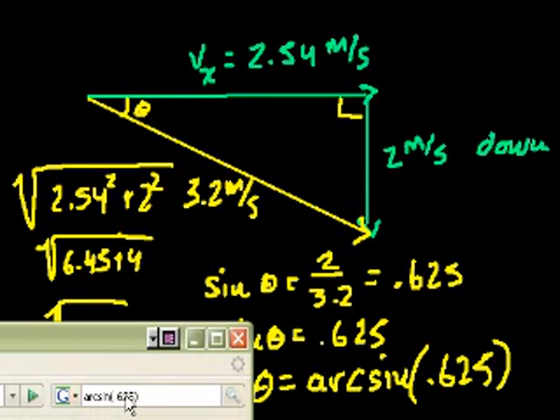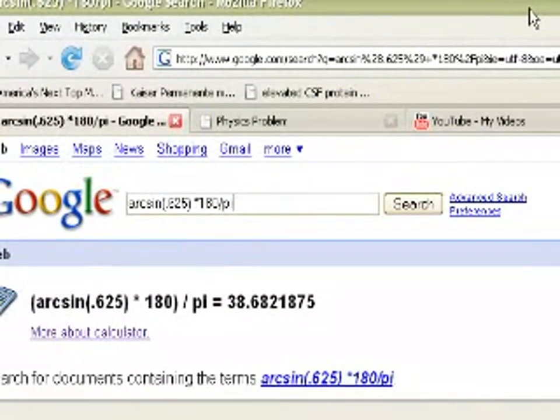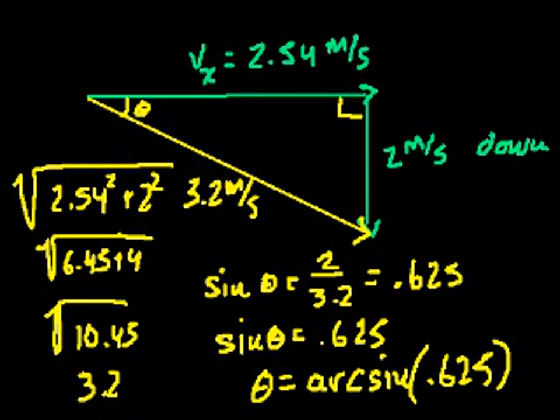So I'll take that answer in radians, and I want to convert to degrees, so I multiply it times 180 over pi. That's just how I convert from radians to degrees. And let's see what I get. Google says 38.68 degrees. They multiplied the whole thing times 180 and then divided by pi, but that should be the same thing. So roughly 38.7 degrees is theta.